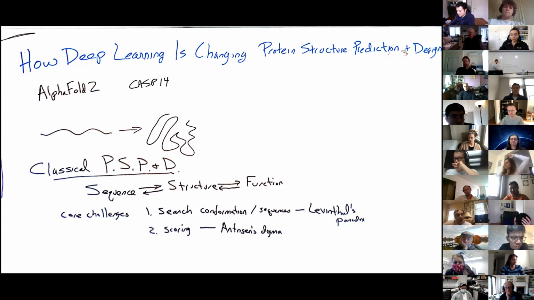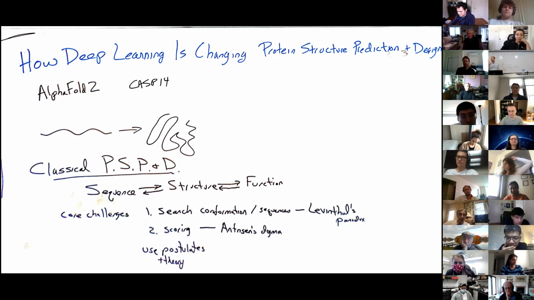In this scheme, we start with postulates and theory, like what are the intermolecular forces for those energies, and what different geometries are possible.